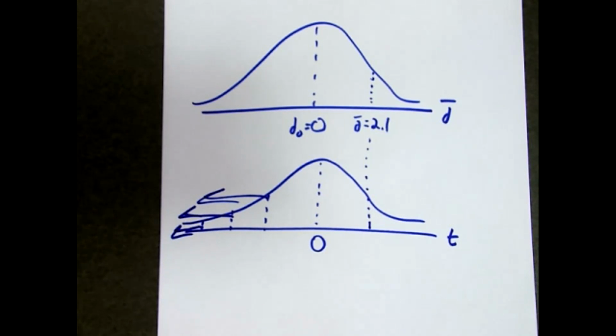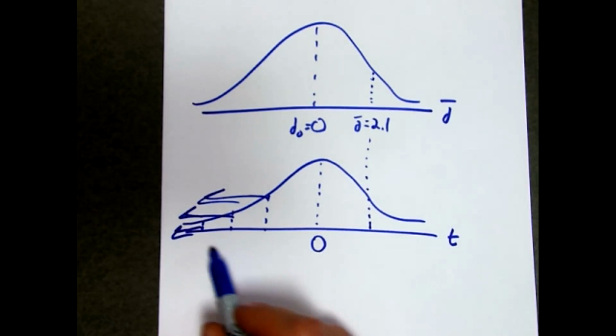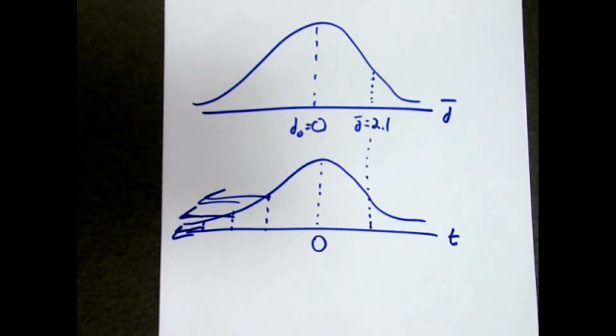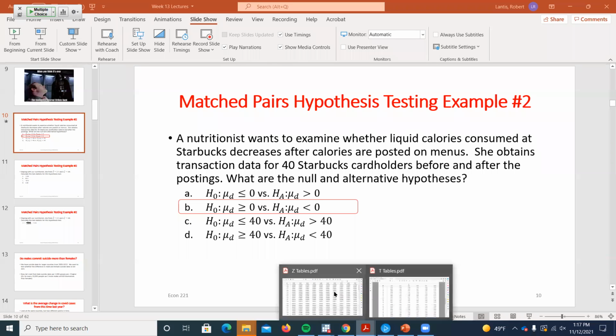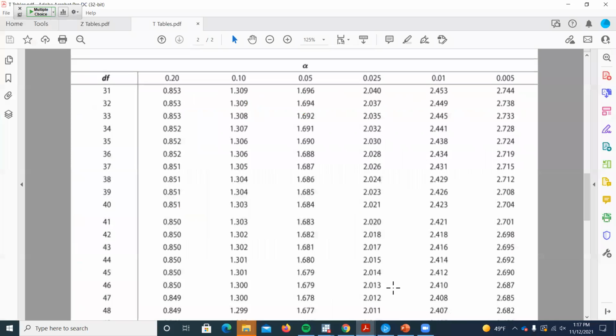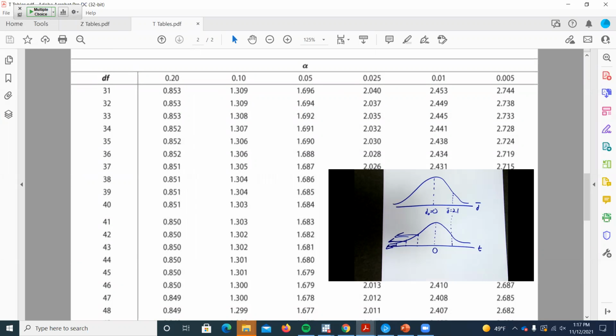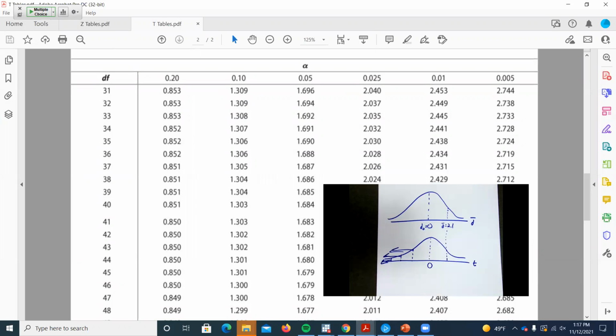Now, I could go through this and prove this to myself, right? I could look up these critical values. So if we wanted to do that, we said the degrees of freedom was 39. So 39, if I have a left-tailed test, it would be negative 1.304. So let's pop this up so I can write these down here. So we would have 39.